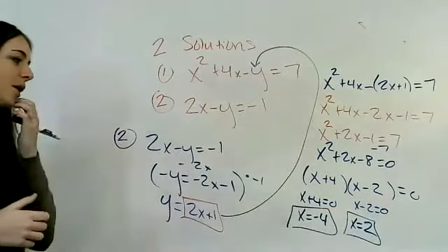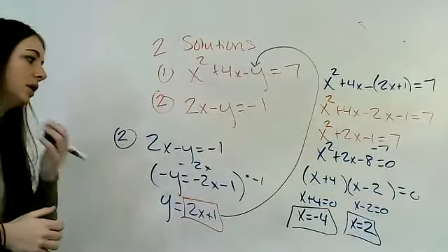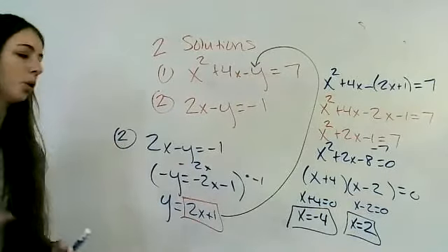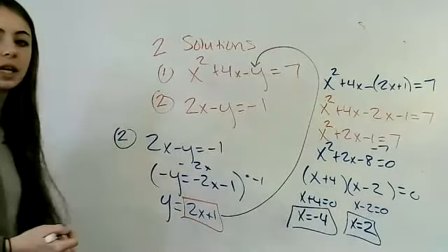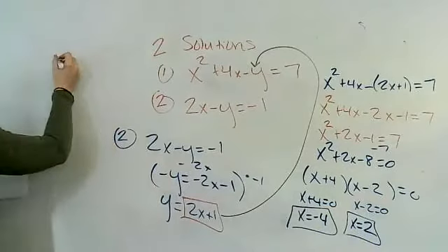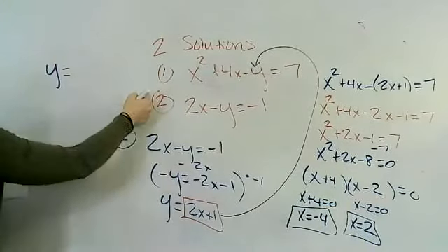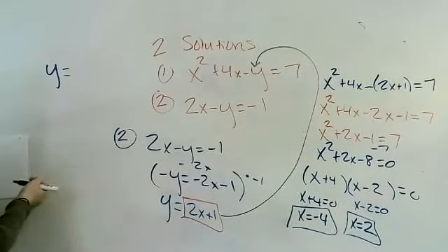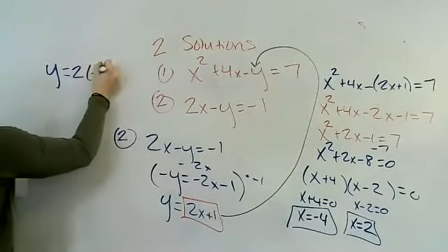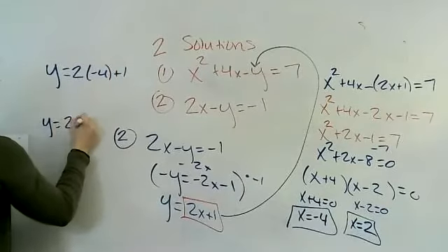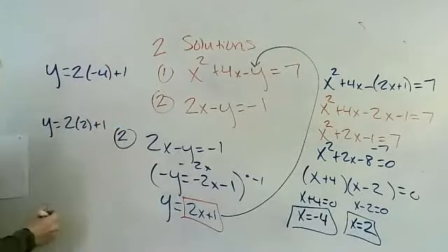Once I have those, now I have to say, well, now go find my y values, which will be 2 total y values. So setting this up, my first one, I'm going to use this equation down here. Again, it's just easier. I could use 1, 2, or this one. So y equals 2 times negative 4 plus 1, and y equals 2 times 2 plus 1.